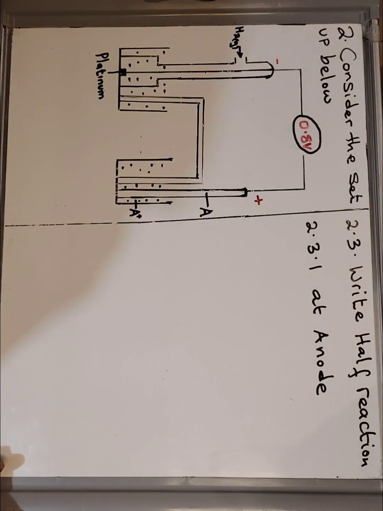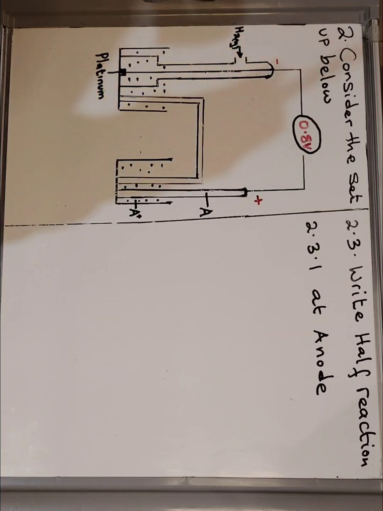I repeat, for galvanic, positive is the cathode. That is in contrary to what we saw in electrolytic. And negative is the anode. So this question wants us to write the reaction at the anode.